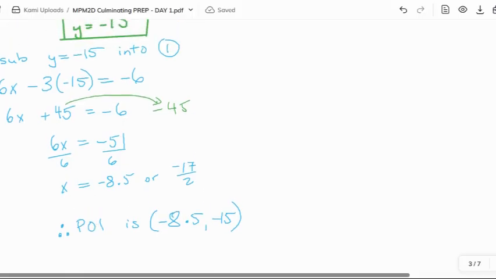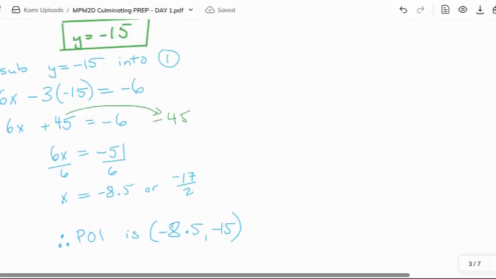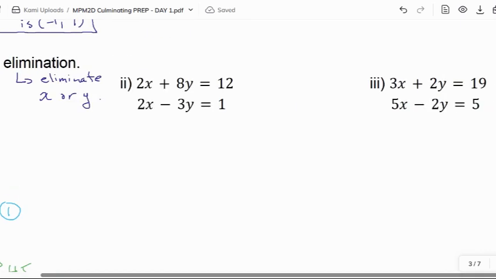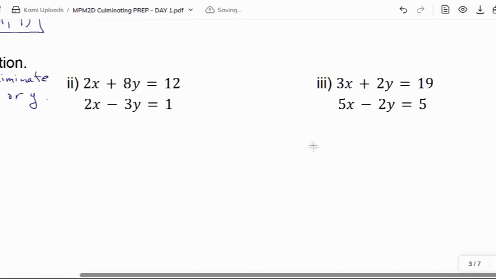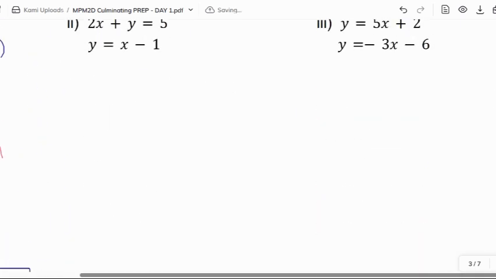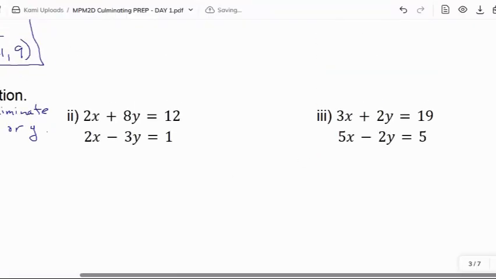Now, can I make a correction in this third elimination question? No, I made a mistake somewhere. Oh, I corrected it in mine already. See here, there's a plus. You have an equal sign on yours. So can you just change it? It's 3x plus 2y.